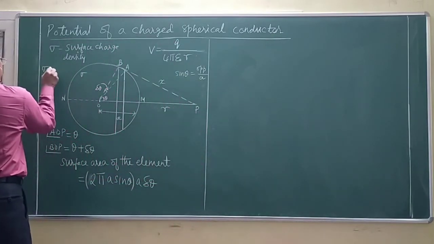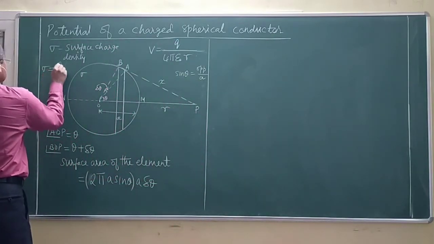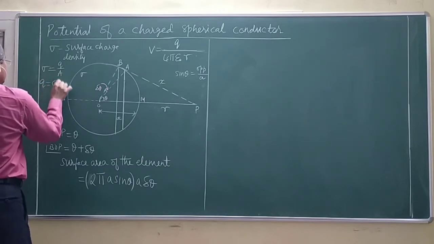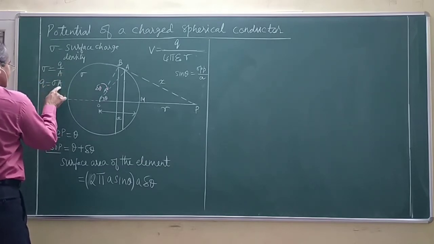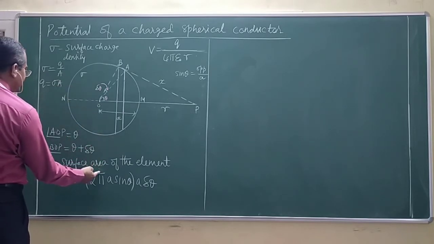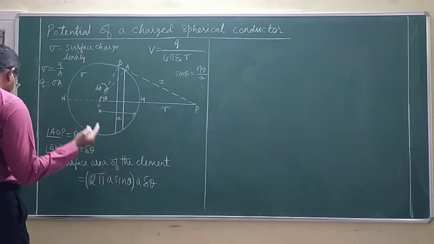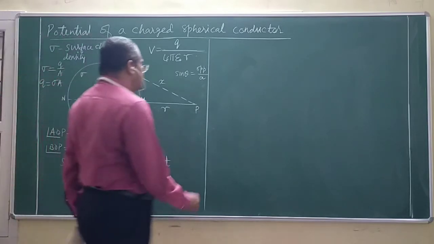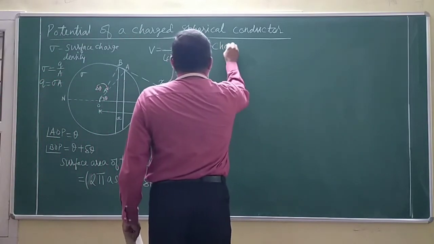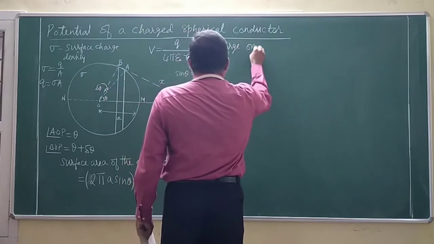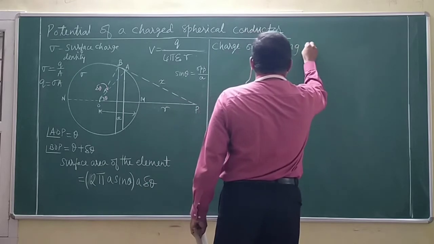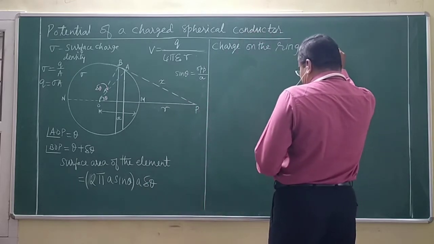See, sigma can be written as Q by A. Therefore, Q is equal to sigma into A. Here A is area, in our case the surface area of the element. Therefore, if I multiply by sigma, I will get the charge on the ring. This is equal to, am I right?